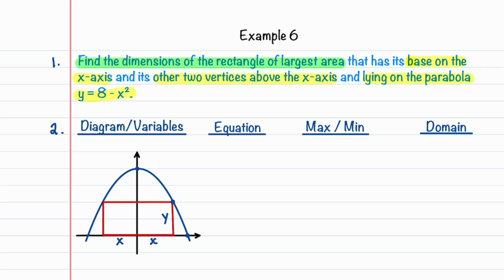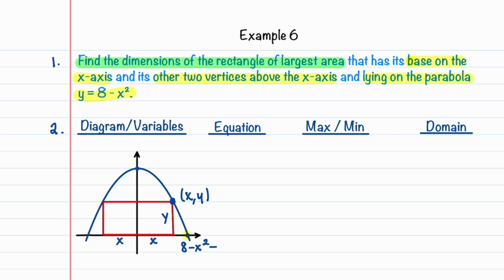And the reason that we did that is the point x, y is this point right here, and it lies on the parabola. And if we let x be the entire base, we couldn't identify that point as x, y. Notice that x can be as big as this point right here, so I think we should go ahead and label that point. That point is where our parabola, 8 minus x squared, is equal to 0.